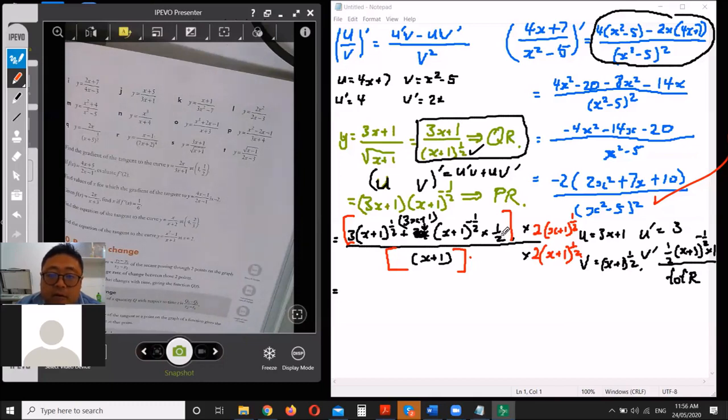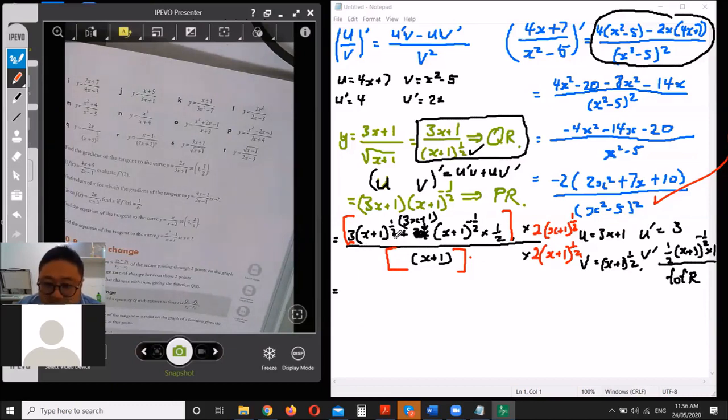And then the 2 times that will give us 6. And then this times this will give us x plus 1 to the power of 1.